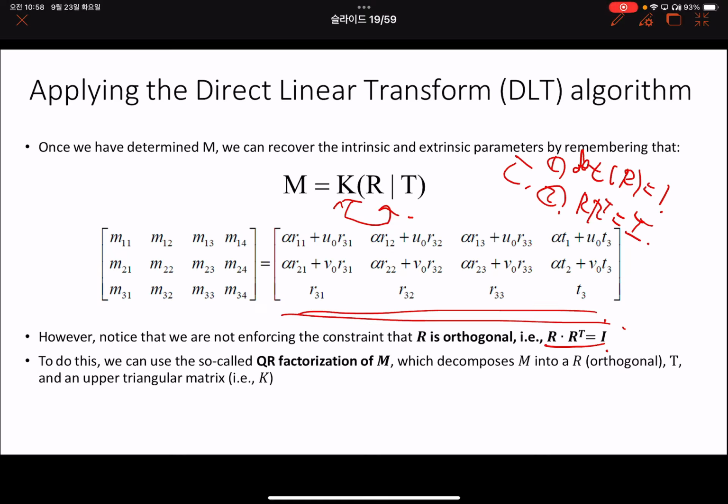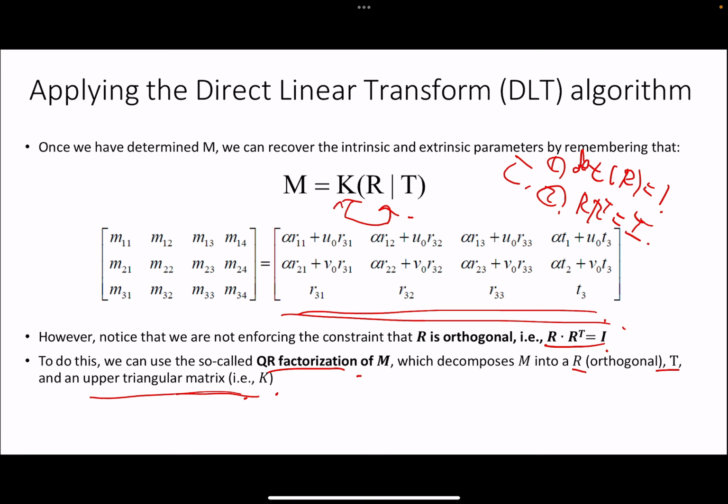It is a decomposition method which decomposes a matrix into an orthogonal and an upper triangular matrix. So once we get M, we can use QR or RQ factorization so that we finally get K and RT. So that is Tsai's method. A little bit complicated.